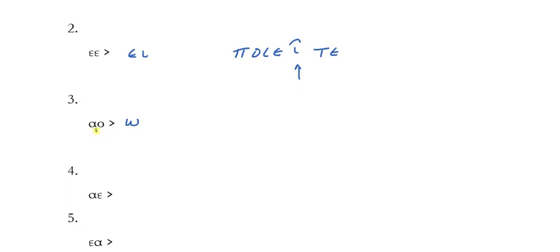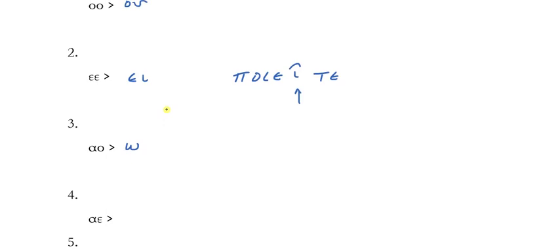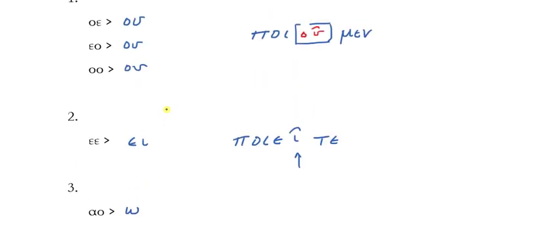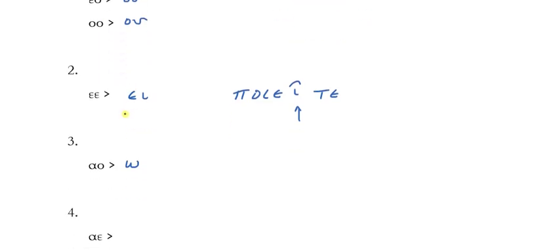Omicron and omega with any vowel is going to contract to an omega, except for the situations in number one. Okay, we have omicrons over here, don't we? So these will produce omicron upsilon, and any other combination of omicron with a vowel or omega with a vowel is going to produce an omega, as we have in number 3.